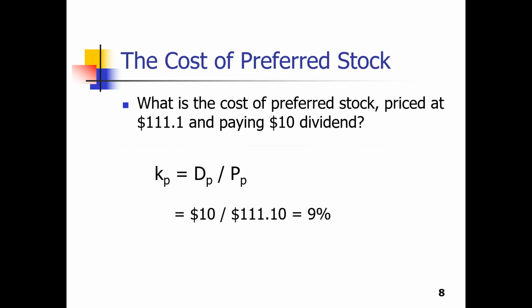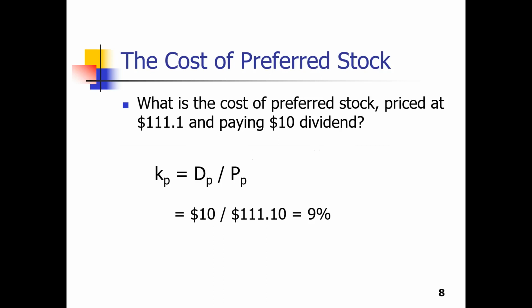So in this case, they're telling us, here is the problem. What is the cost of preferred stock? Priced at 111.1. This price we get today from our Bloomberg terminal, or from newspapers or some data provider, and we've got to get it for SAP too. And we've got to see how much dividend they pay. Preferred stocks have their dividends written on at the time of issue.